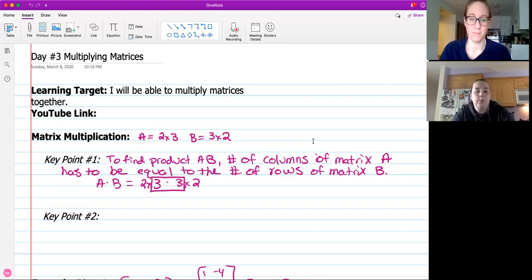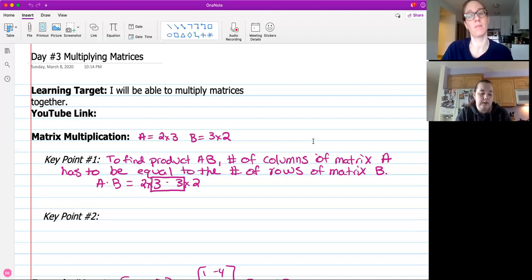Remember, when we're talking about order, rows come first, columns come second, and we've said from day one that it's really important to get that straight because it will trip you up, and this is why. Those have to be equal, otherwise this isn't going to work. So that's the first thing you need to know.